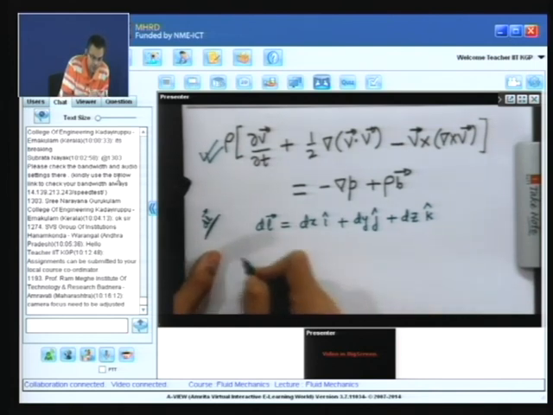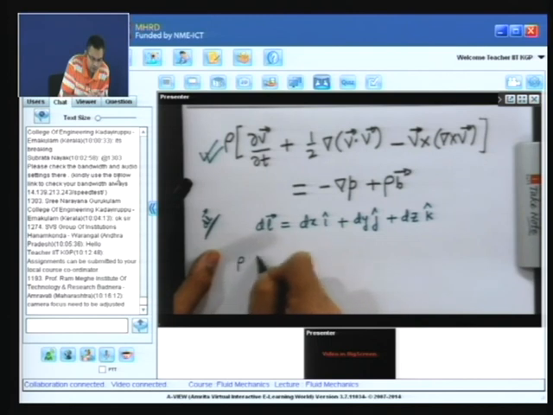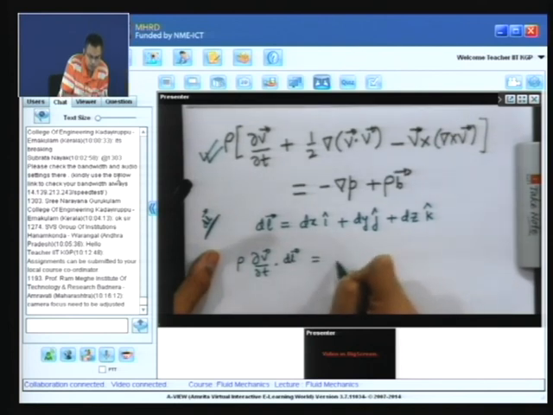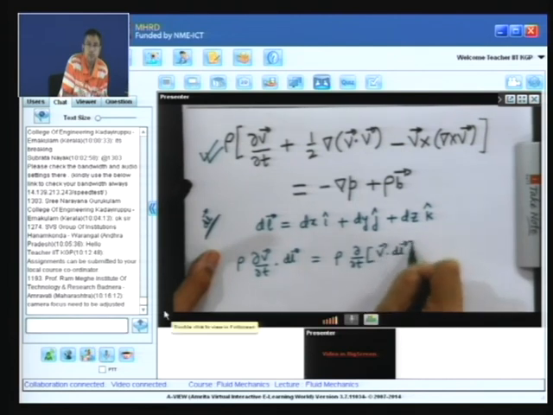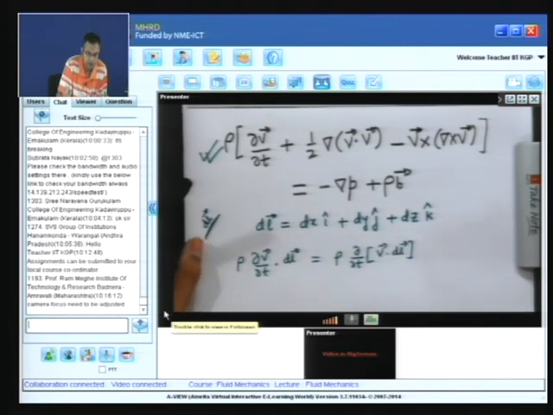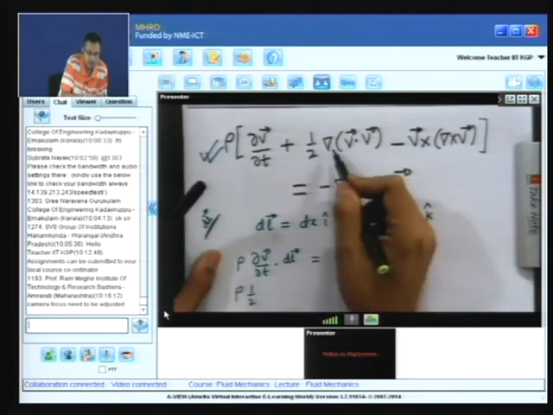So, first term, rho del V del t dot dl, it becomes rho del t of V dot dl. This is straightforward. Next term rho into half, what is del V dot V?